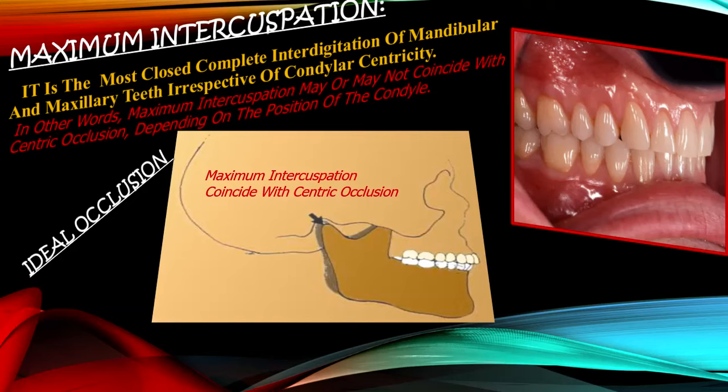Maximum intercuspation مثل ما نعرف، قد يكون الماندبل مو بالسنتريك وقد يكون بالسنتريك. When the maximum intercuspation coincides with the centric relation or centric occlusion، هذه حالة شو نسميها؟ ideal occlusion. ideal occlusion نسبة يمكن 4 إلى 5% من population عندهم ideal occlusion.